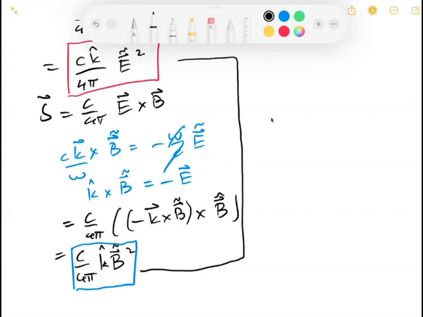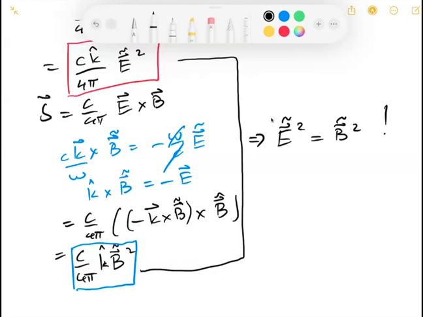The only thing that's different is that E squared can be swapped out for B squared. So what do we find? We find that E squared is equal to B squared. That is a property of electromagnetic waves that is unique to CGS. It is not the same in SI units. In SI units, you need a c.